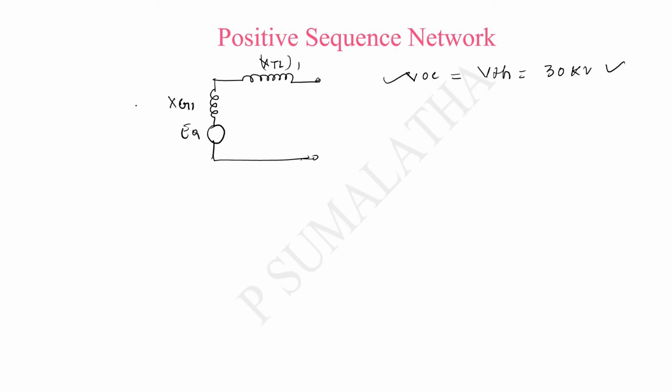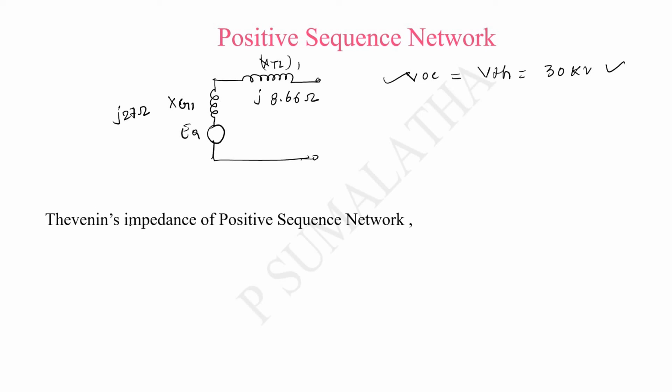We have to find out the Thevenin's impedance. So what is the value of Xg1? We have determined the Xg1 value as J27 ohms. And the transmission line positive sequence reactance is J8.66 ohm. Now let us find the Thevenin's impedance of the positive sequence network. From which terminals are we trying to find the fault? Let us consider we are observing from this point. Then the source will be deactivated, and you will measure the Thevenin's impedance with respect to these terminals.